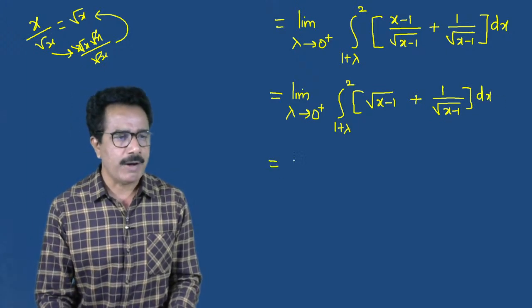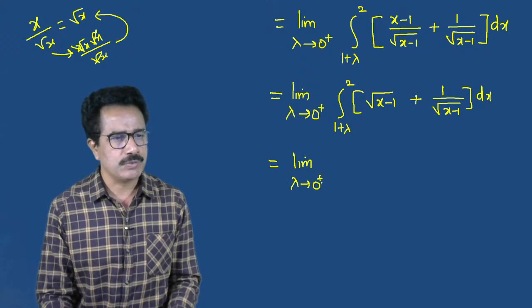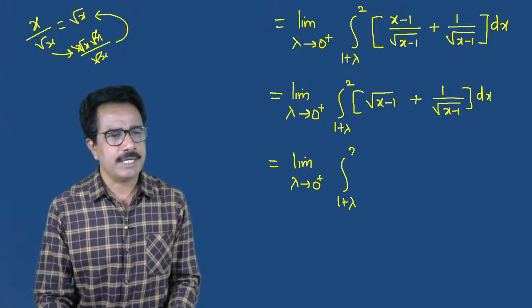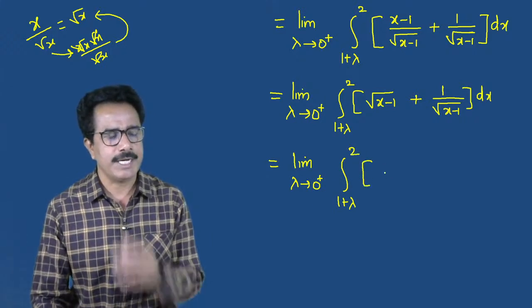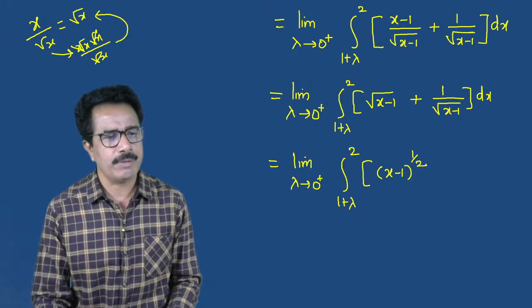Now change in the power form, limit lambda tends to 0 positive, integral from 1 plus lambda to 2, we can write this as x minus 1 bracket raised to 1 by 2.